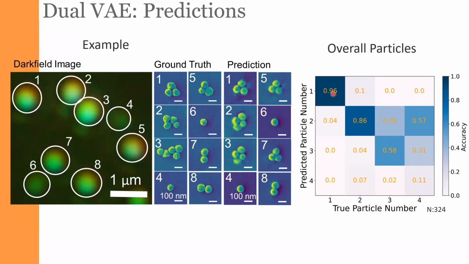We, of course, can quantify this behavior further. As usual, we build the confusion matrix for this type of problem, meaning that this is the true particle number, this is the predicted particle number, and you can see that the confusion matrix is actually not bad at all. Our monomers and dimers are identified exceptionally well.